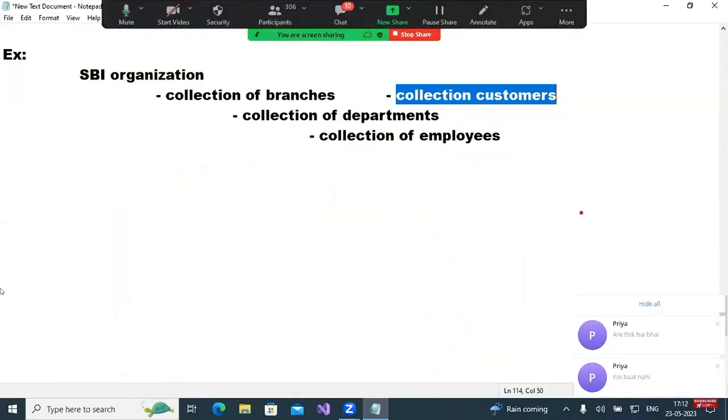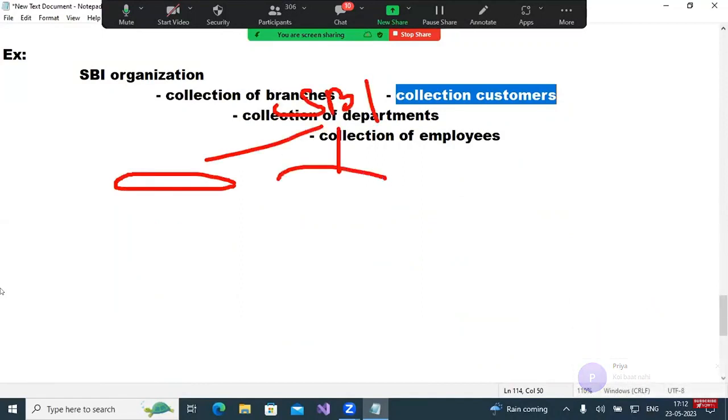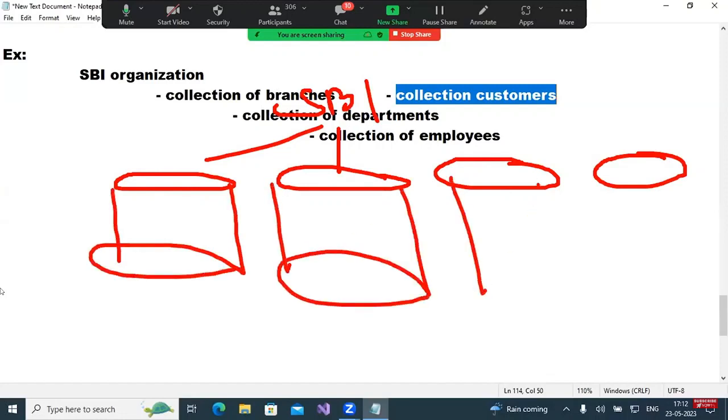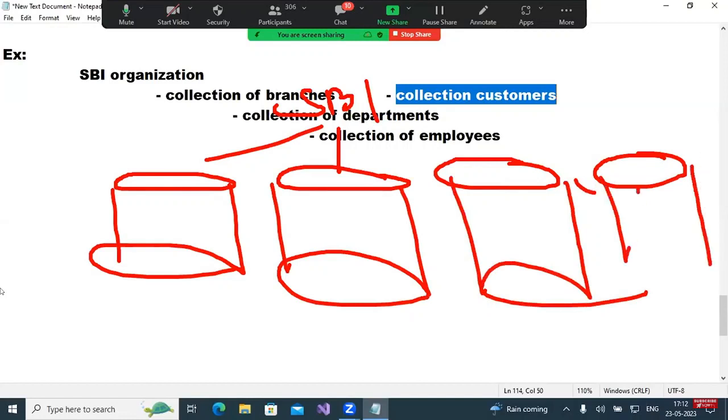But just remember, just assume like this. You are creating databases for the SBI bank. How many databases did you create? Two, three, four. This is one database. Just imagine what the drawback is here. So four databases created, for which organization?